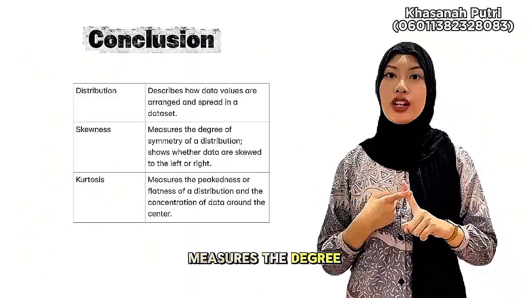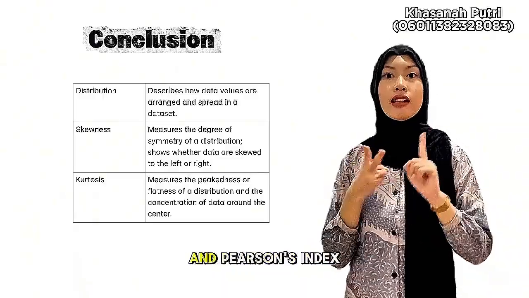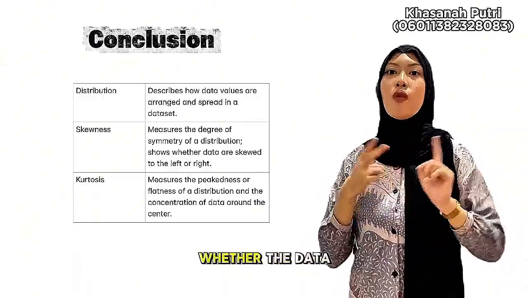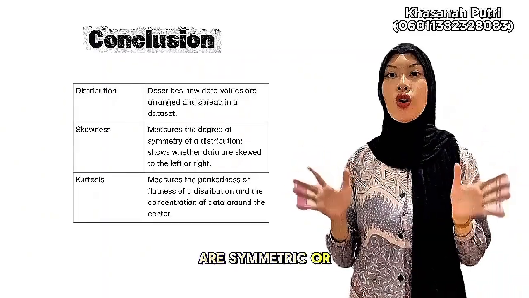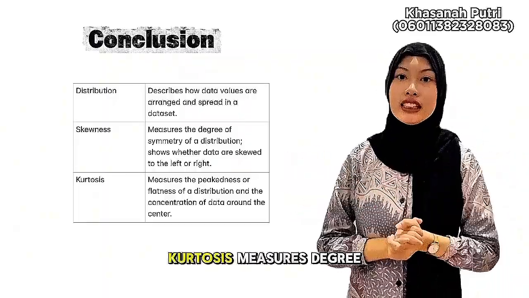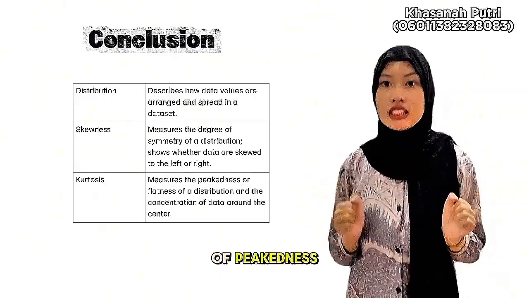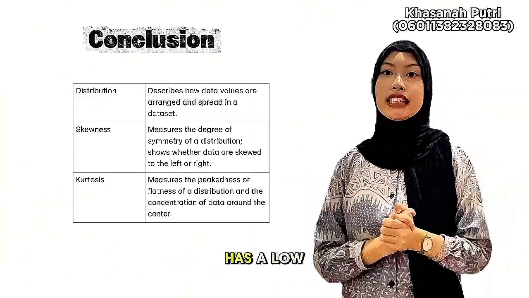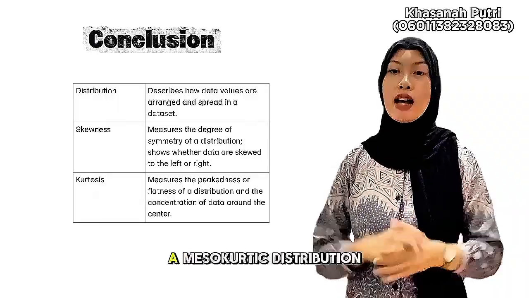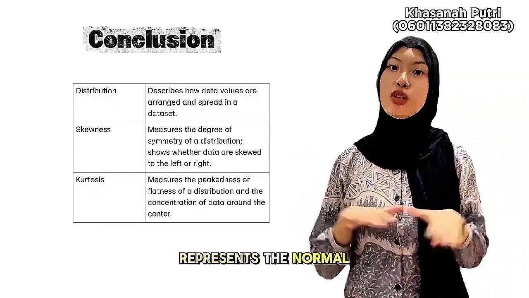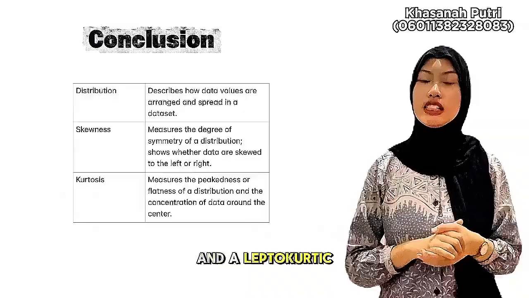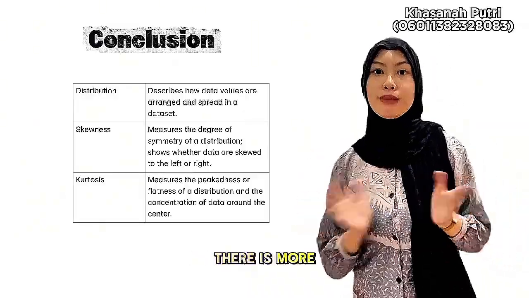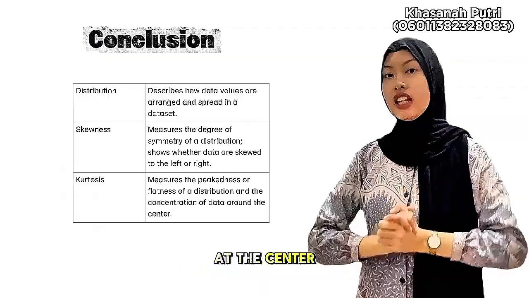Skewness measures the degree of symmetry in a distribution, and Pearson's index of skewness can be used to determine whether the data are symmetric or skewed. Kurtosis measures the degree of peakedness or flatness of a distribution. A platykurtic distribution has a low degree of peakedness, a mesokurtic distribution represents the normal distribution, and a leptokurtic distribution has a high degree of peakedness, meaning there is more concentration of data at the center.